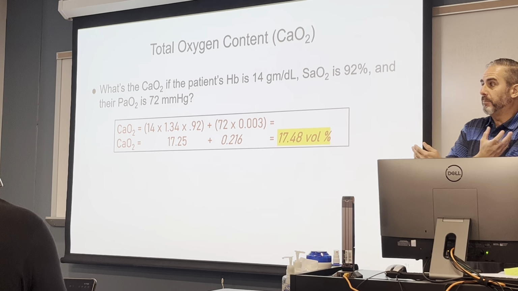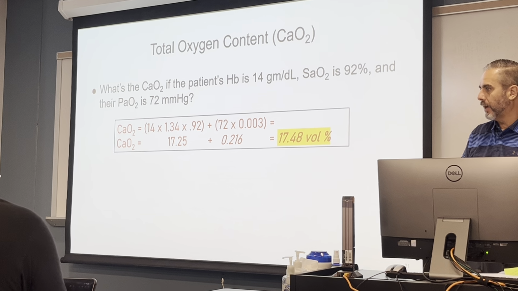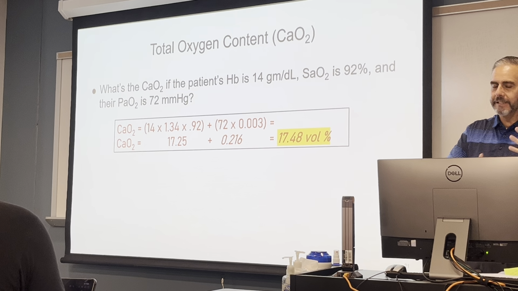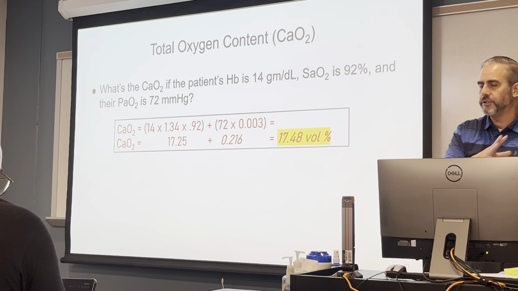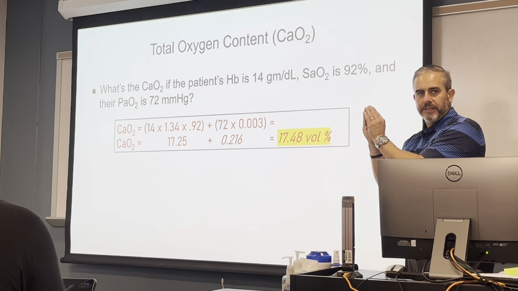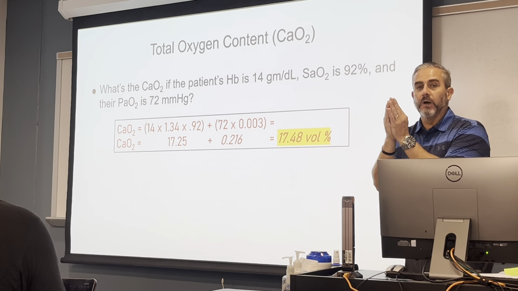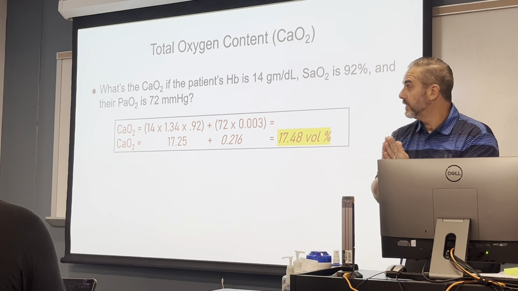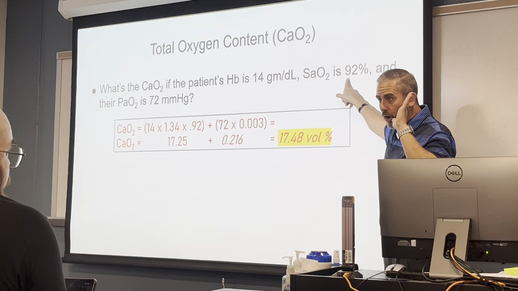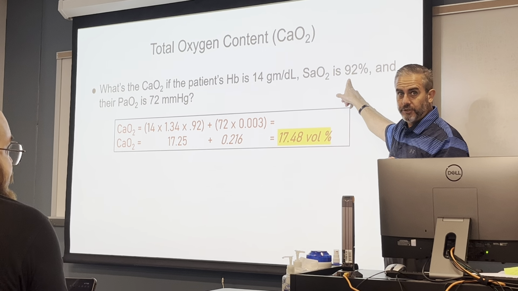If their heart's not pumping enough, that could explain the problem. Their blood pressure's not high enough, that could explain some other issues. This is just one small piece of the picture. But it's where we can easily be fooled by only focusing on saturation.